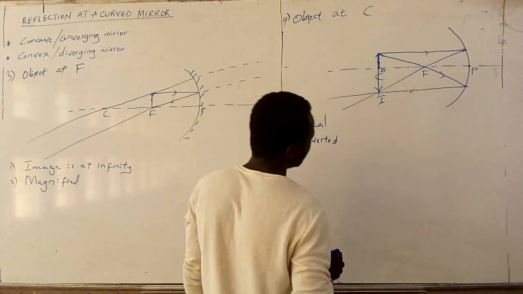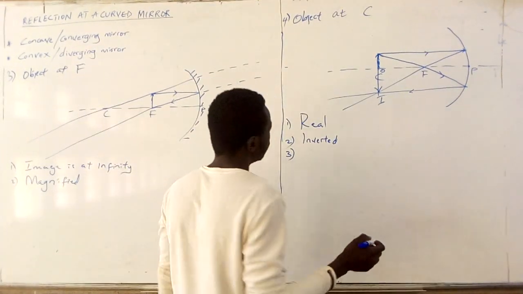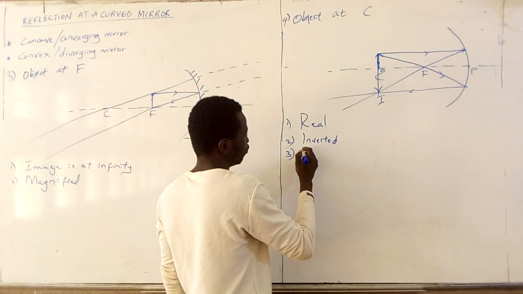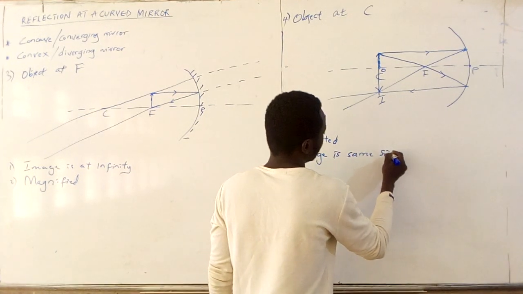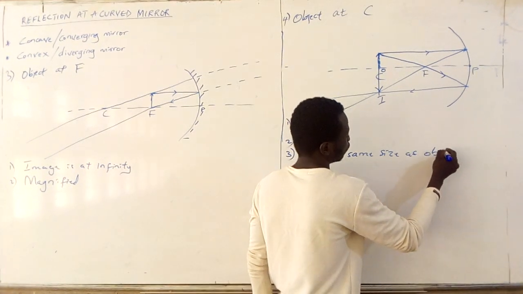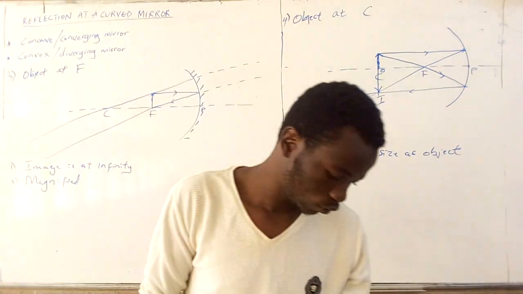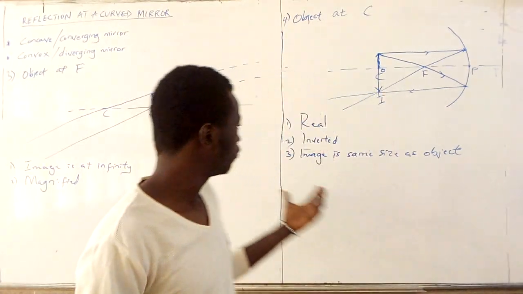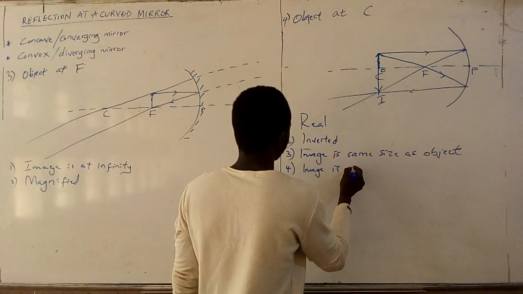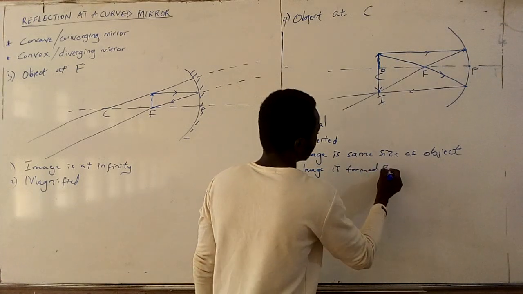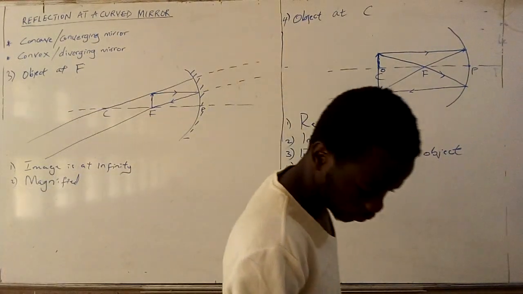Then 3, is it magnified? No, the image is same size as object. So the image size doesn't change. So those are the properties of this. Then you can also add that the image is formed at C. So object placed at C, image is also formed at C.